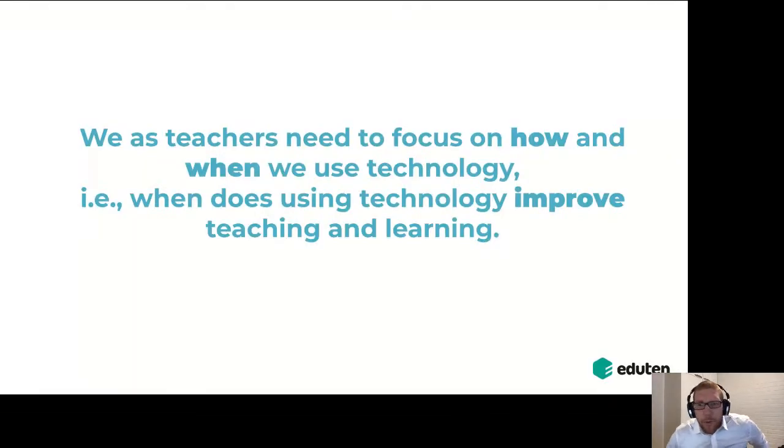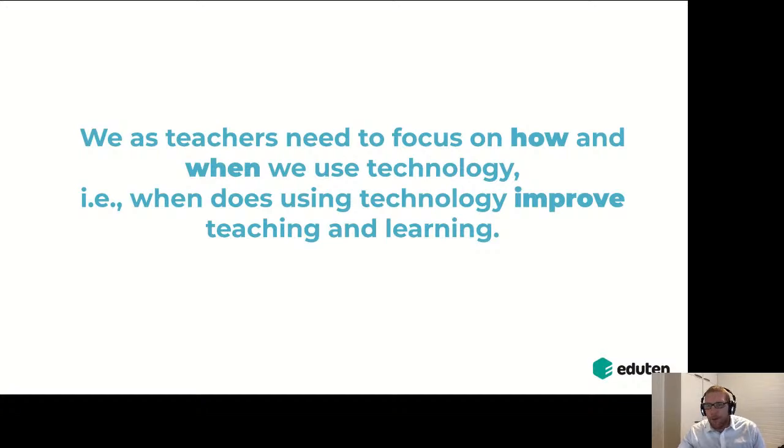So, when we talk about technology in learning, we as teachers need to focus on how and when we use technology. So basically, it means when does using the technology improve teaching and learning?